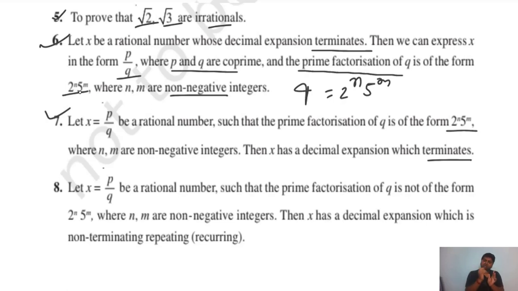Also, when we see that in p by q form, q is of the form 2 to the power n times 5 to the power m, then we note that the decimal expansion of this rational number terminates.